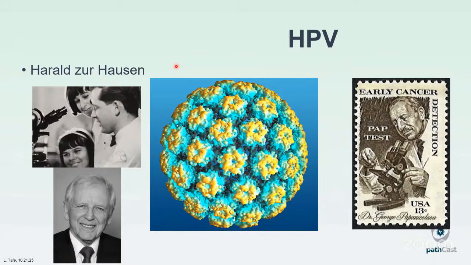Then he spent the next decade or so, into the mid-80s, doing more research, first identifying HPV in genital wart samples. So he identified HPV 6 and 11, and then ultimately discovered the high-risk genotypes HPV 16 and 18 in cervical cancer samples.